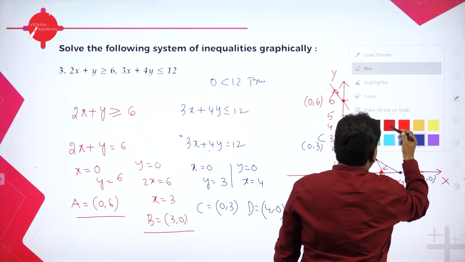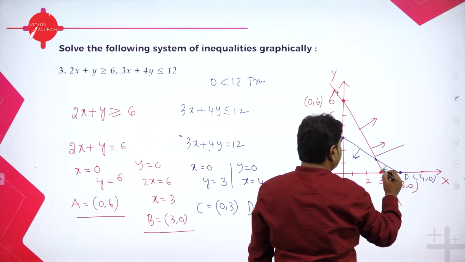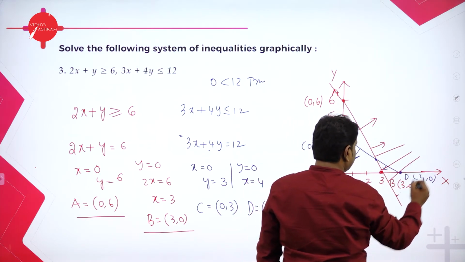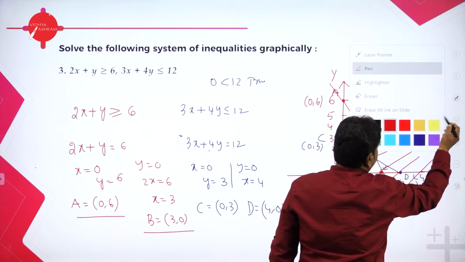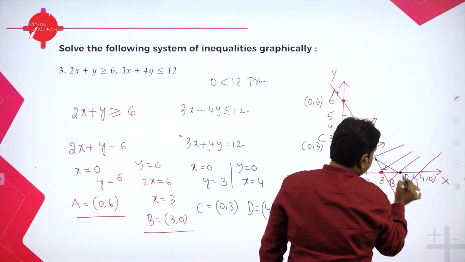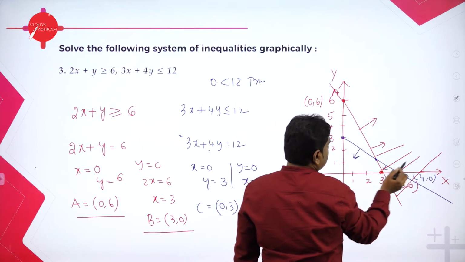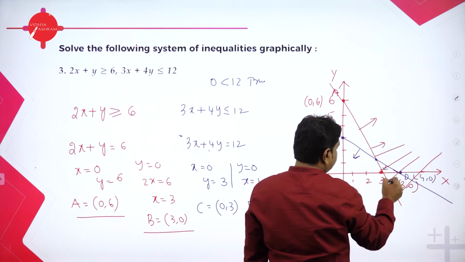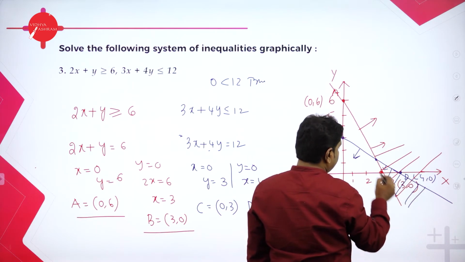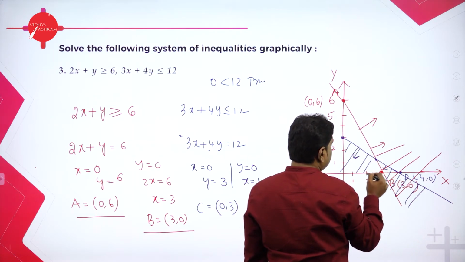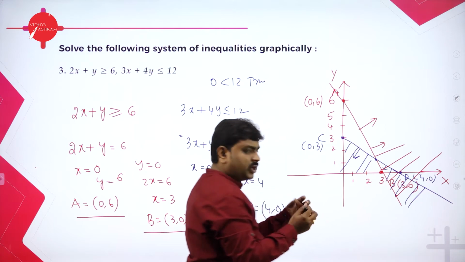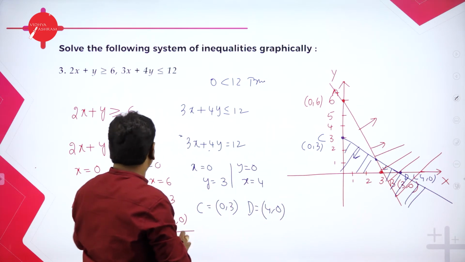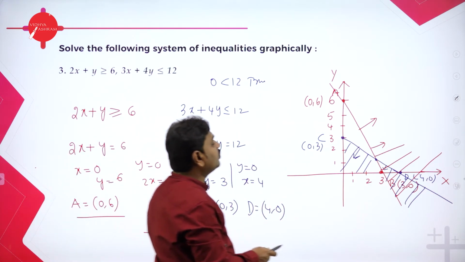So for the red line, if I completely shade, the shading goes like this, above. The blue line you can stretch further, and for the blue line shading goes below. So now where both are mixing, that region you retain. Where both are not mixing, that you erase.